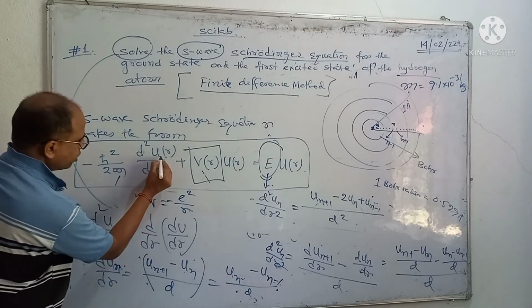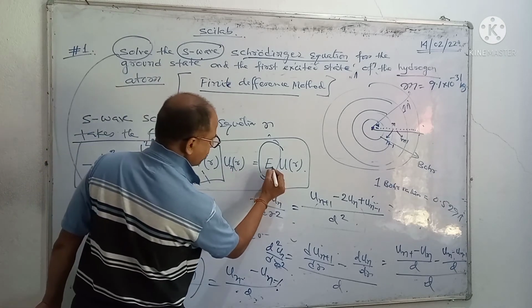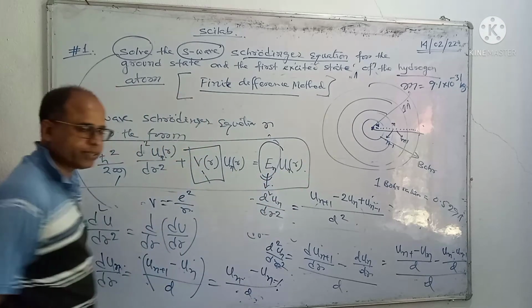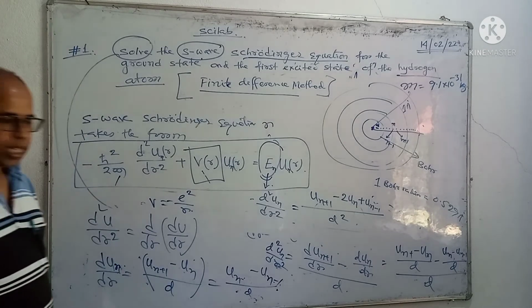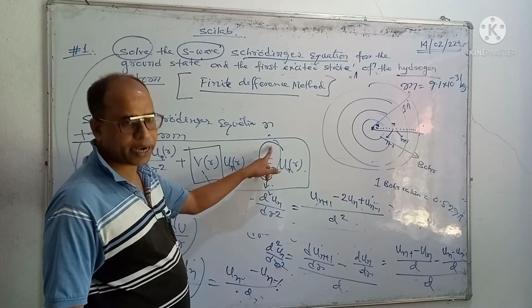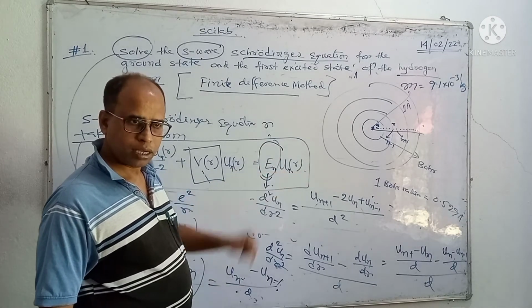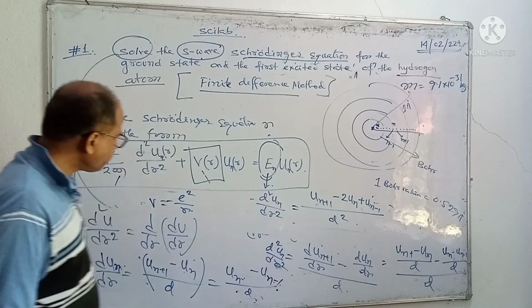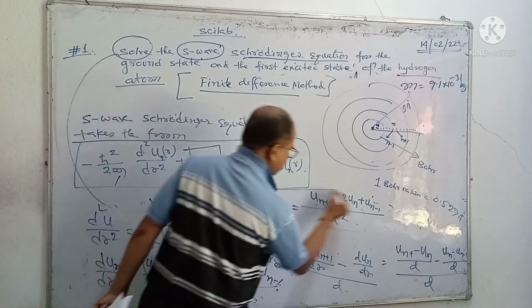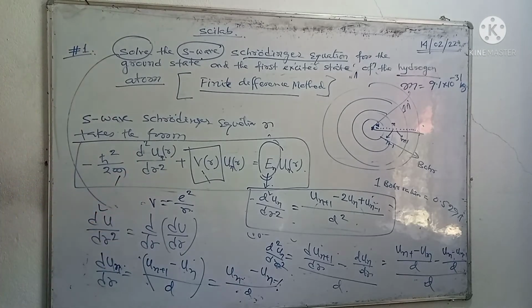Here you can write in the finite difference method n. That's all. Therefore, n is equal to 1, it will be the ground state. n is equal to 2, first excited; the values you have to calculate. Now put this expression in the Schrodinger equation.